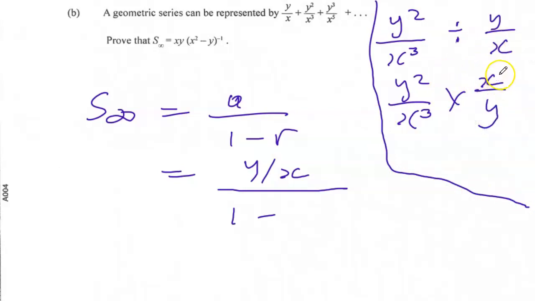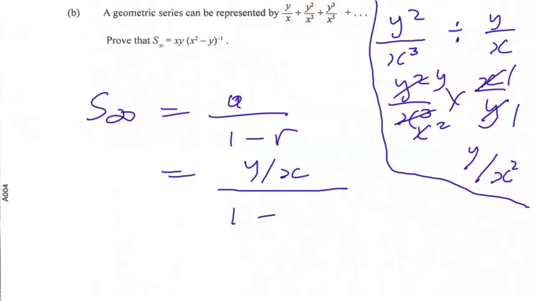So notice x into itself 1, x into x cubed is x squared, y into itself 1, and y into y squared goes y. So the common ratio is y over x squared.